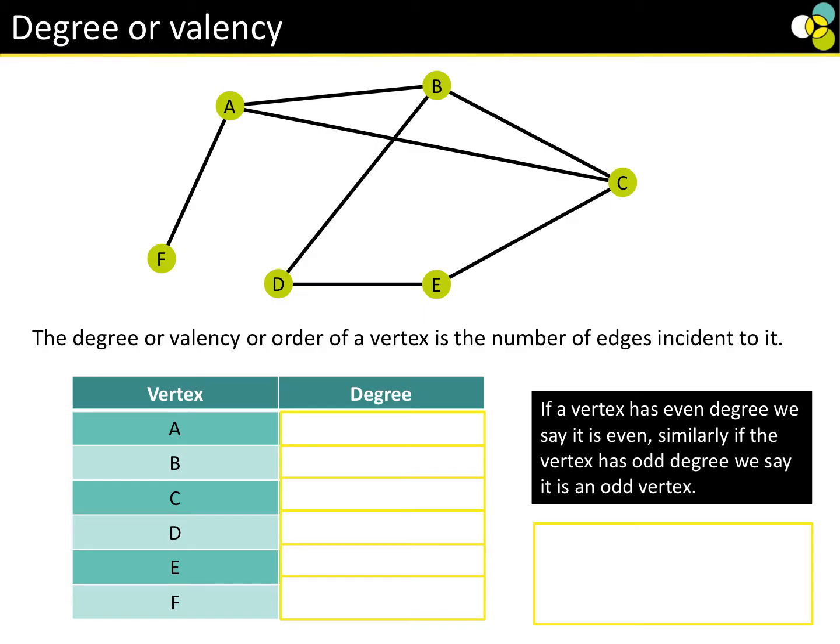So if we look at A, from A, we have exactly 3 arcs. So that has a degree of 3. For B, we also have 3. For C, we have 3. For D, we have 2. For E, we have 2. And for F, we have 1. Okay? So if a vertex has an even degree, we say it's even. And if it's got an odd degree, we say it's an odd vertex. Okay?